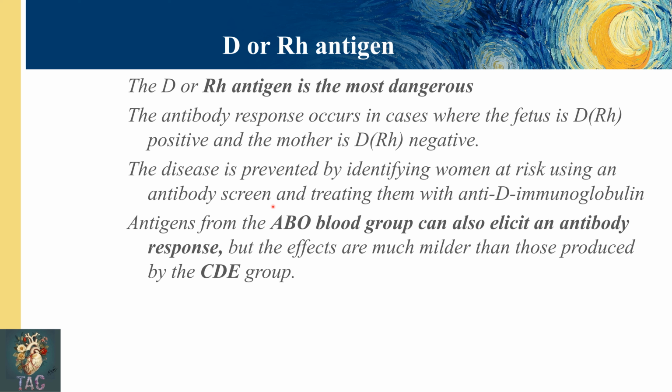If the mother is Rh negative, we give injections of anti-D immunoglobulin, and if there is a chance of mixing of fetal and maternal circulation, and fetal RBCs enter into the maternal circulation, they cannot elicit an antibody response because of the anti-D immunoglobulin, which will immediately destroy these antigens, and the baby will be protected from the effects of isoimmunization.